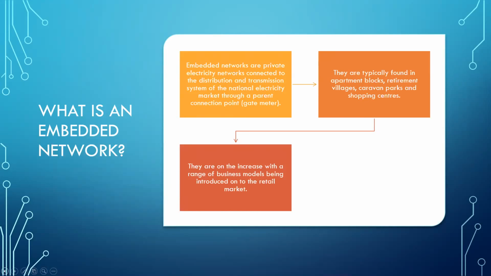They're typically used in apartment blocks, retirement villages, caravan and recreation parks and shopping centres. They're certainly on the increase, particularly with new apartment developments being built and property developers moving into the provision of utilities within that development.